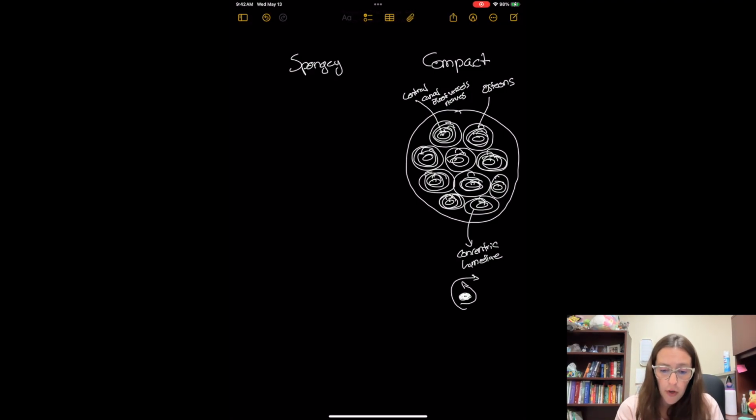This allows the compact bone to have really good ability to handle pressures and forces going up and down along the bone. So if I had this long bone right here and lots of compact bone in the middle, this is going to handle the sorts of shock that are going up and down along that bone.